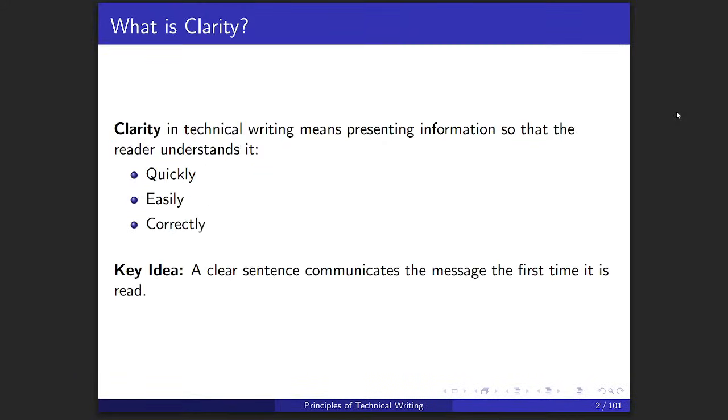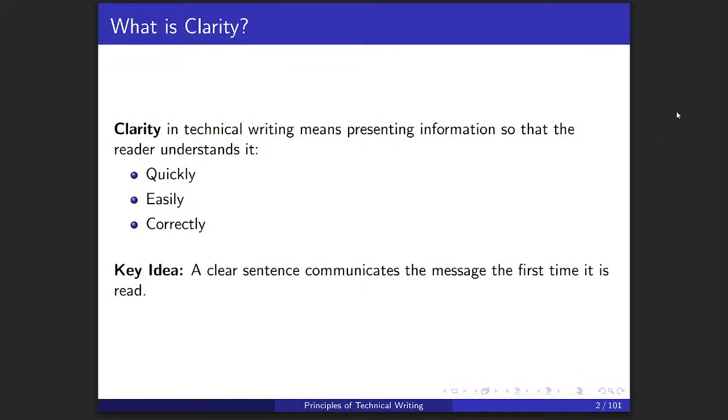Clarity in technical writing means presenting information so that the reader, whoever reads the paper that you have written, will be able to understand it very clearly. Okay, he will be able to easily understand the terminologies in a clear way.